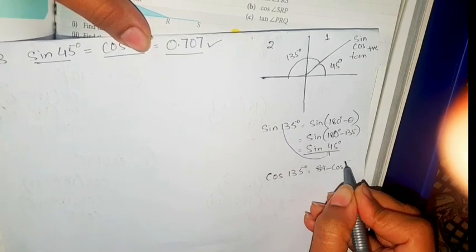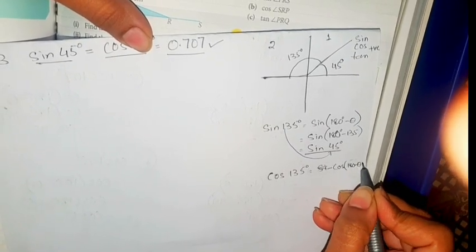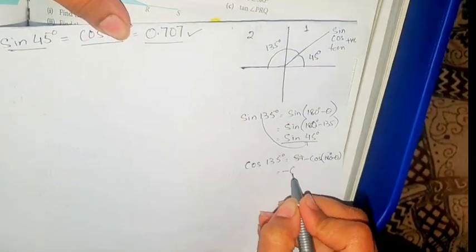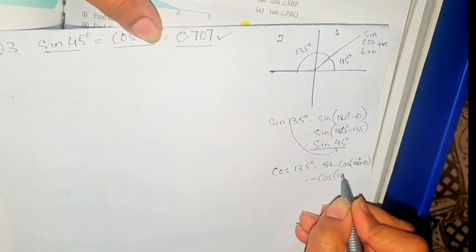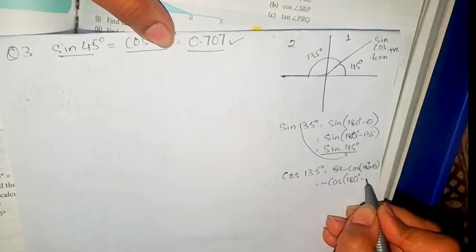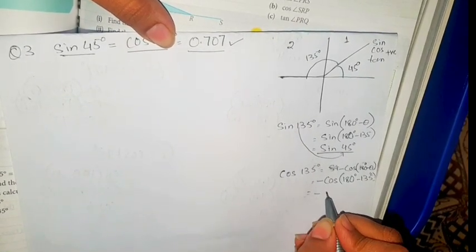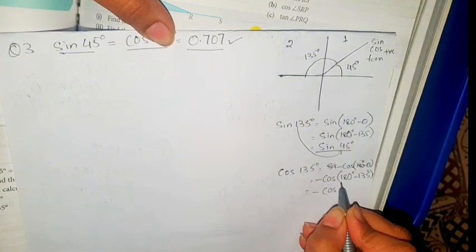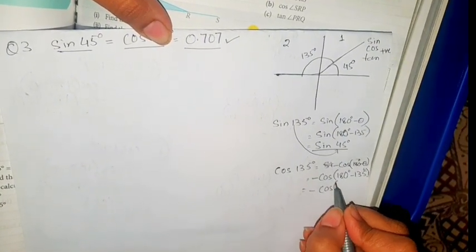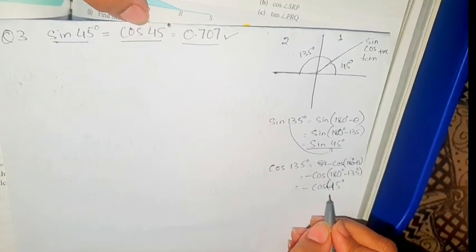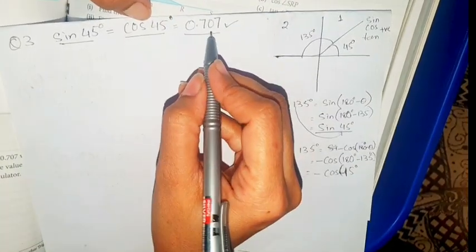But for cos 135 degrees, cos 135 equals minus cos of 180 degrees minus theta. So minus cos of 180 degrees minus 135 degrees equals minus cos 45 degrees, and we know that cos 45 is 0.707.